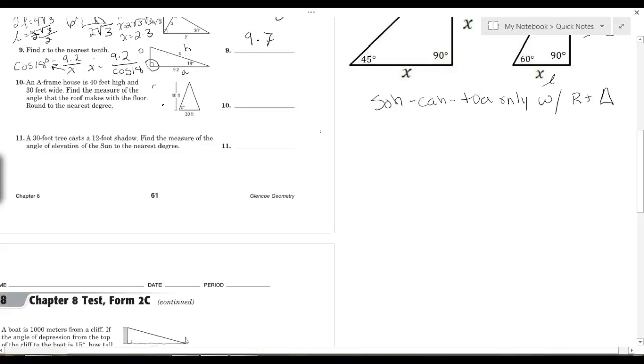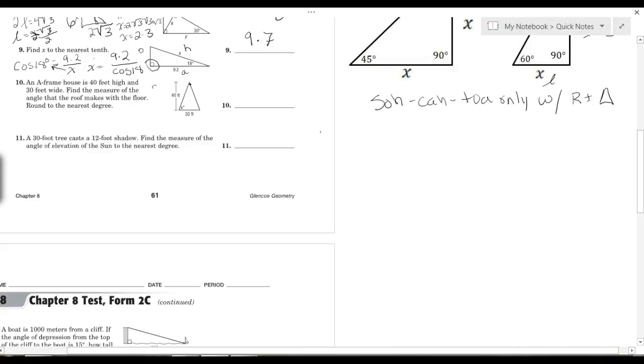For my next problem, I'm given information that I'm starting with an A-frame house. It has a 40-foot height and a 30-foot base. And it wants me to find this angle here that the floor makes to the roof.